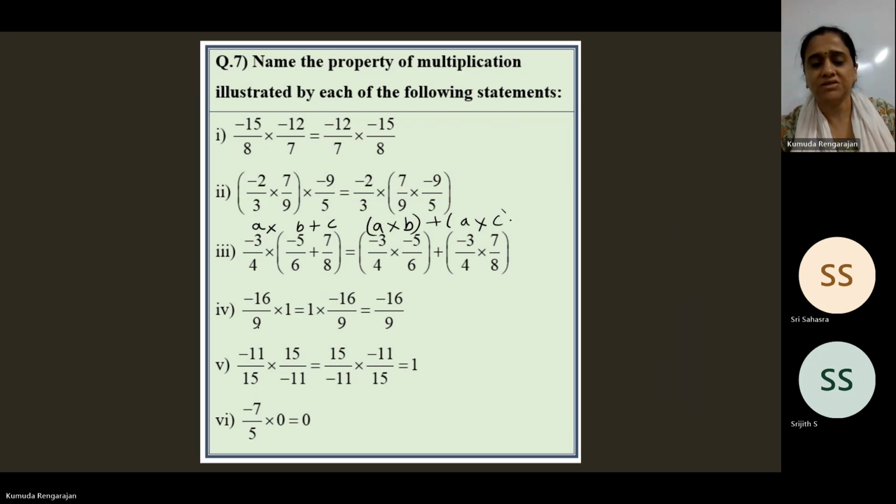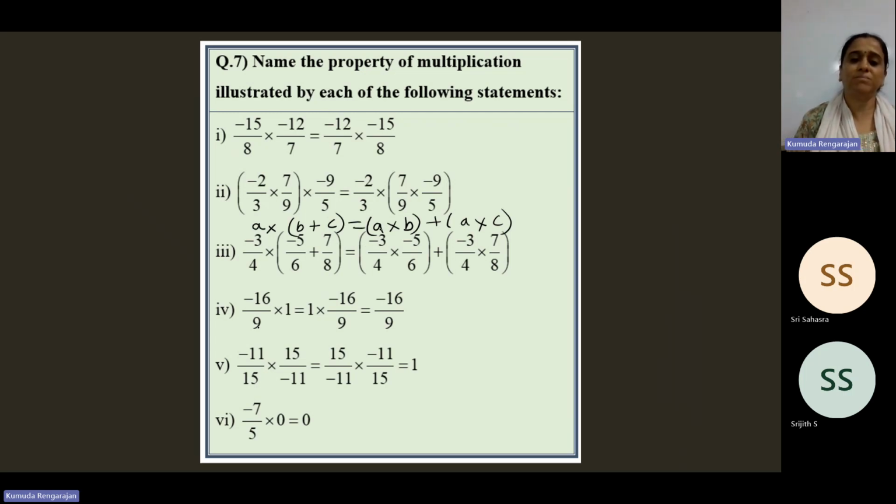C. Now read this: A into B plus C is equal to A into B plus A into C. Now tell me the property. Distributive. Distributive property of multiplication over addition. This is distributive, not associative.